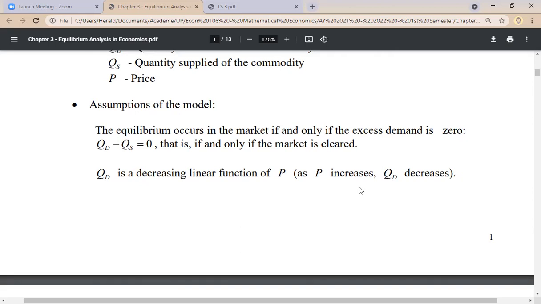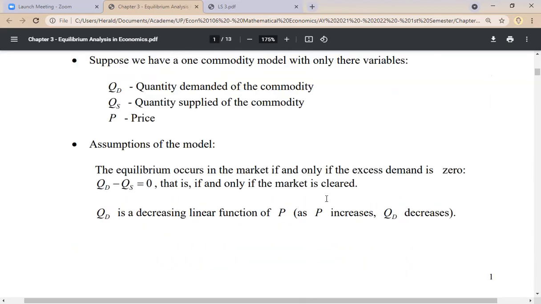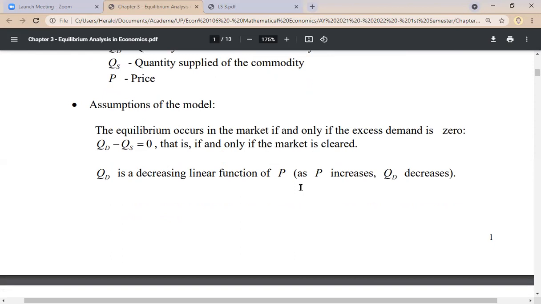We have the law of demand and we also have the law of supply. So as a review, when you have a law of demand, if tataas yung presyo, QD would also decrease. That is to say, if tataas yung presyo, not to mention the elasticity or the responsiveness of consumers here, by theory, consumers would decrease their consumption of one good.